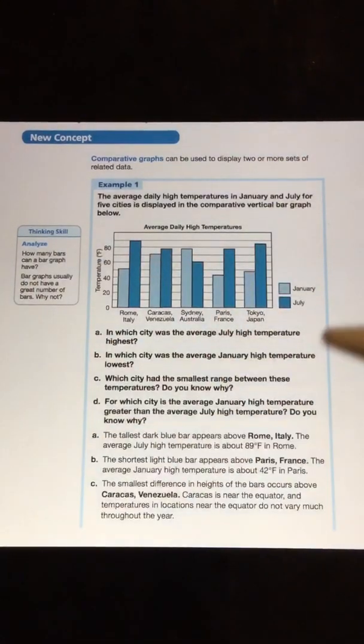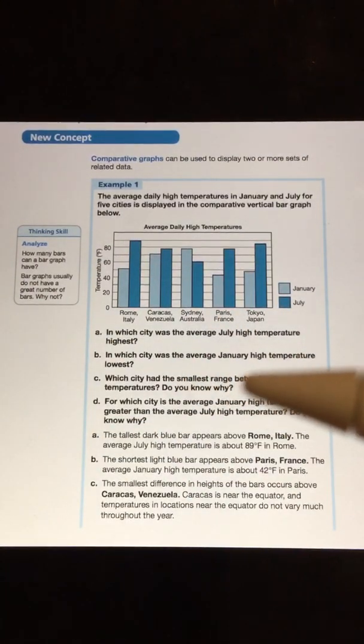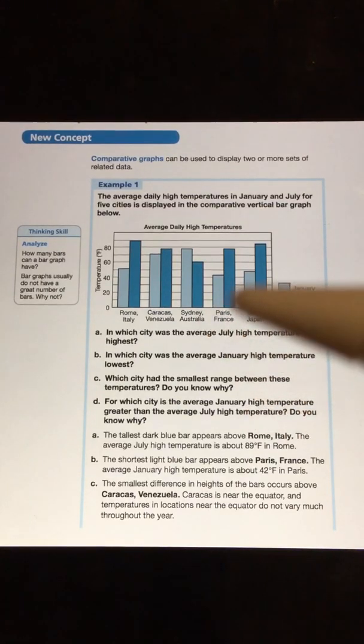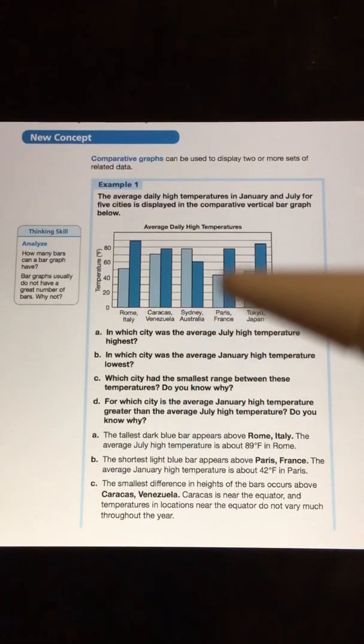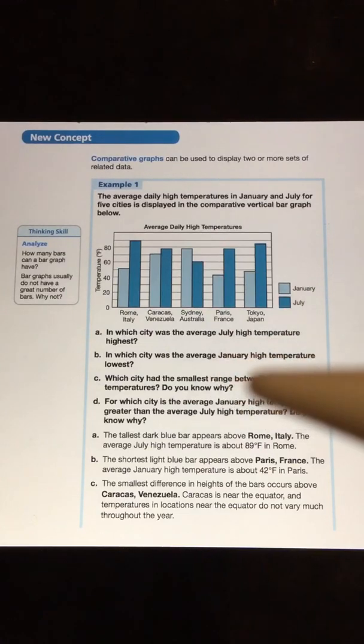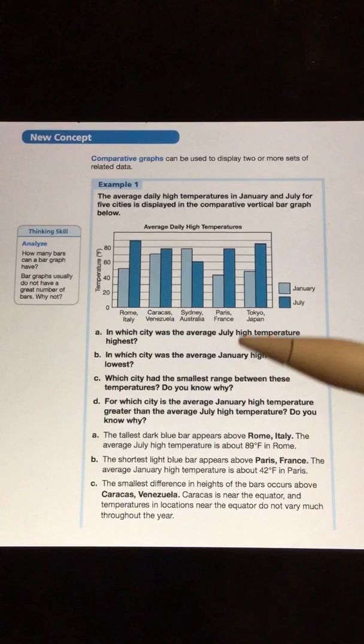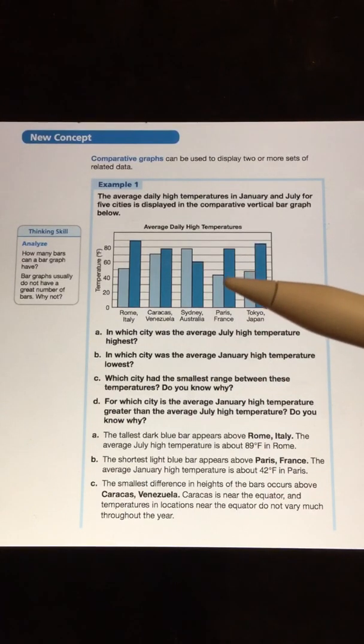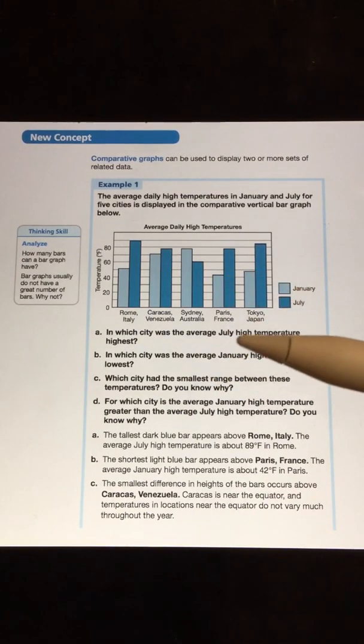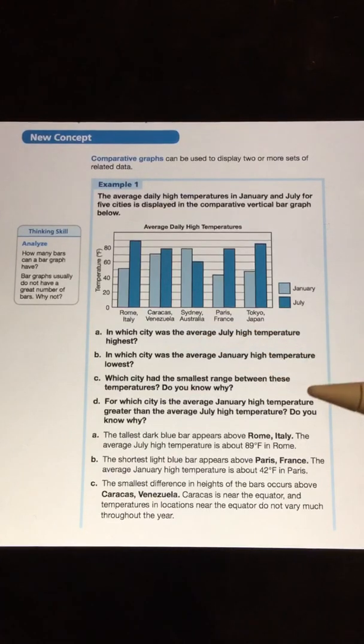In which city was the average January high temperature lowest? As we look at Paris, France, we can see the average January high temperature is about 42 degrees. Now, our next question, C: which city had the smallest range between these temperatures?